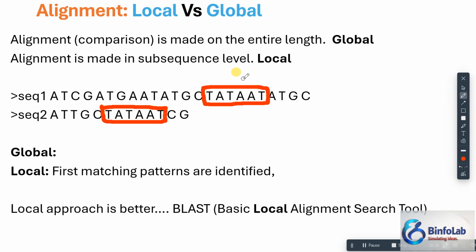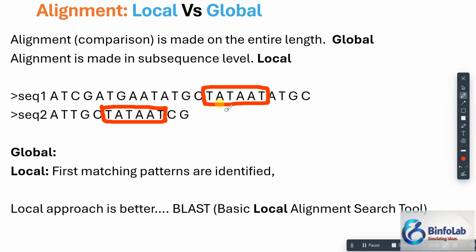Now I know, or a human knows, that these are sequences of a regulatory region because they contain TATA boxes. But the alignment program doesn't know. If it handles the alignment globally, starting from here, match, not match, insert a gap, maybe this T will be matched here with some gaps.